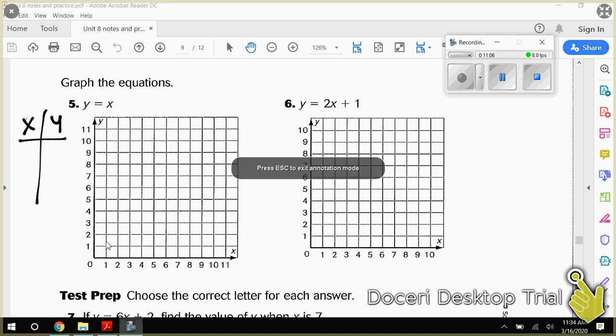Plug some numbers in. I personally always like to choose the points 0, 1, and 2 because 0 is super easy to plug in. It's also really easy to plug in a 1 and a 2, right? Multiplying by 0 is easy, multiplying by 1 is easy, and doubling a number is usually pretty easy. So those are the numbers that I like to throw into my table right off the bat.